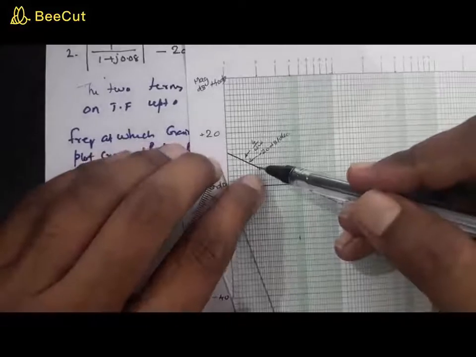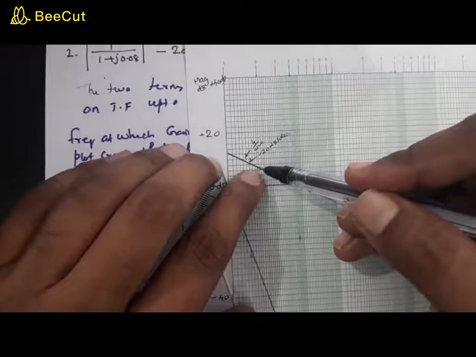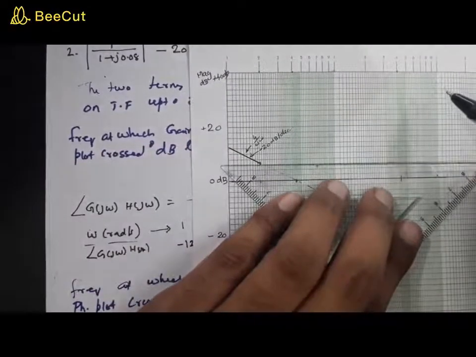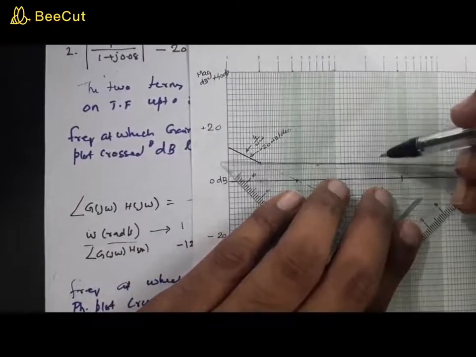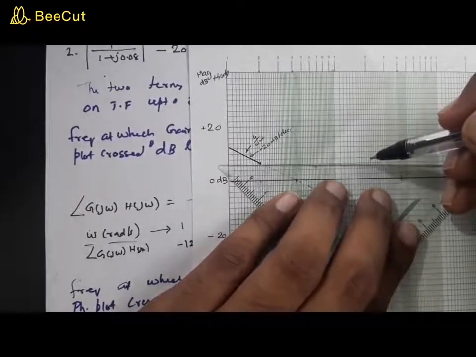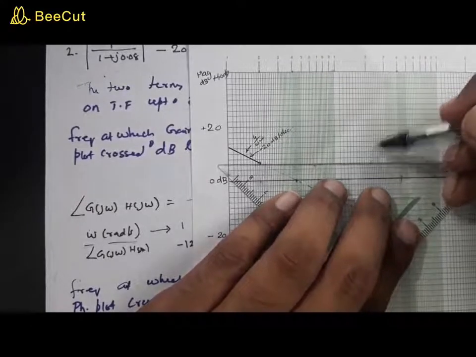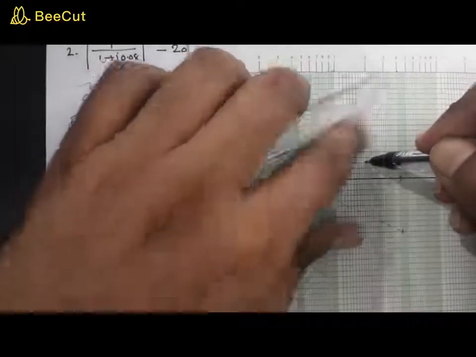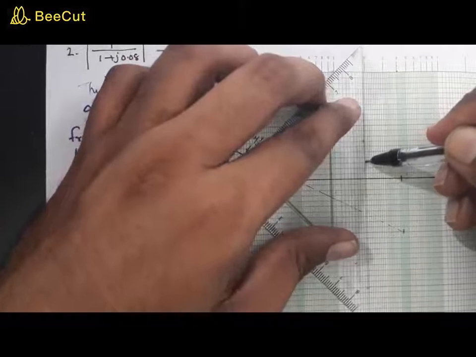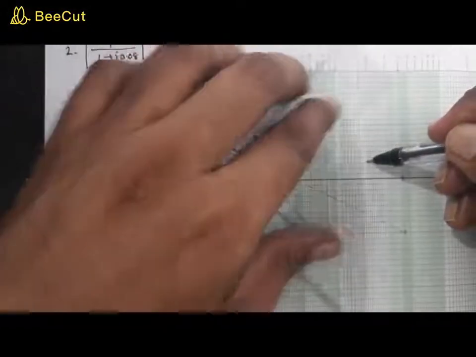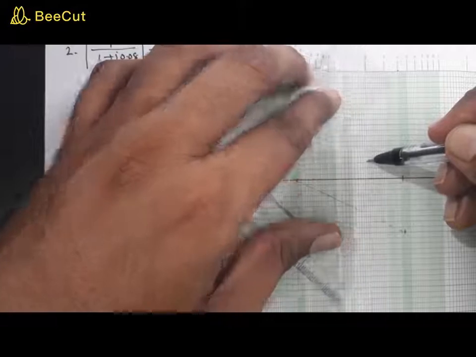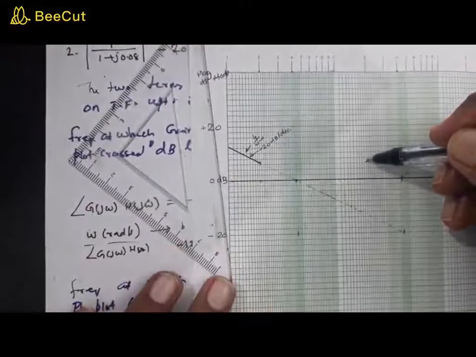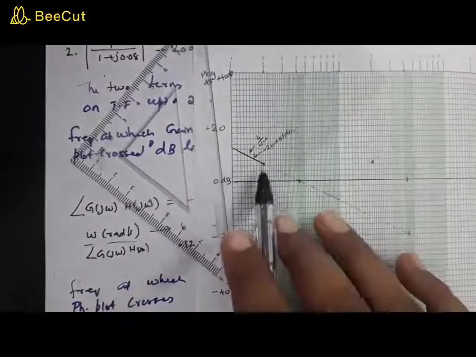Keeping this point, what will be 1 decade after this? If this is 2, you can find out this value. This will be the point corresponding to 20. So this is 1 decade compared to this point.